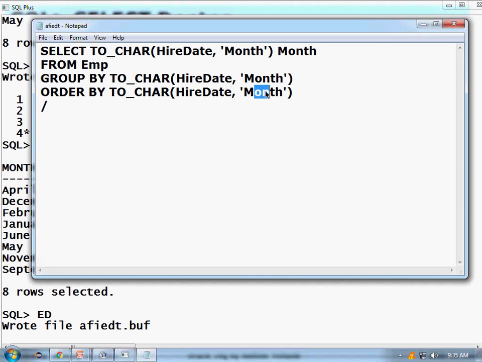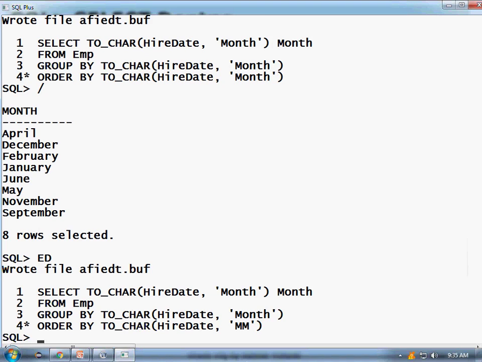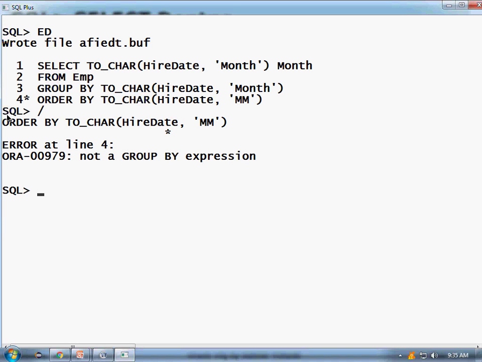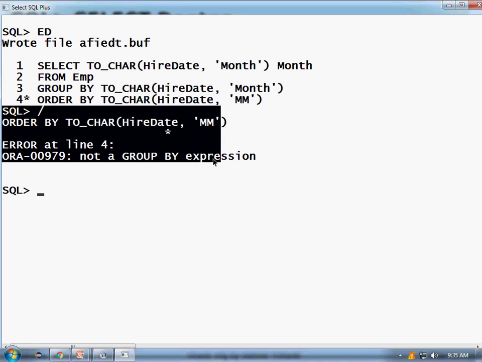Now, the other kind of students, what they do is, in place of this month, they will give MM. MM is always what? Numerical month. When I am saying numerical month, it should run from January to December. But where exactly Oracle irritates is this one. Generally, whenever these kinds of errors come, Oracle doesn't give any detailed explanation for the error.